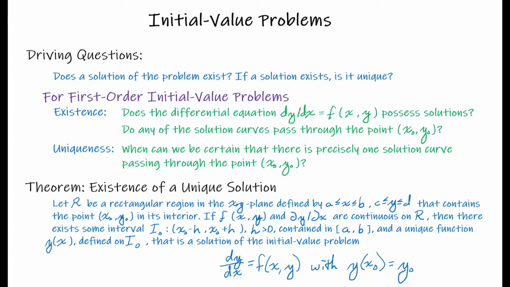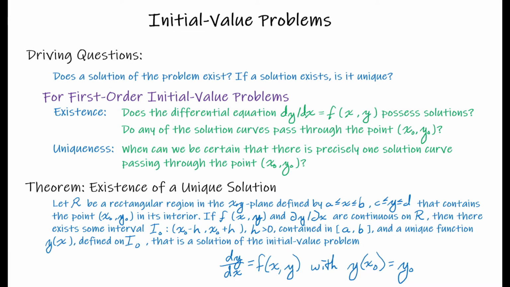If those two functions are continuous on a rectangular region, then there exists some interval, we call it I sub 0 or I naught, where we can take some value h that's greater than 0, and we can subtract it from our initial condition on x and add it to our initial condition on x.